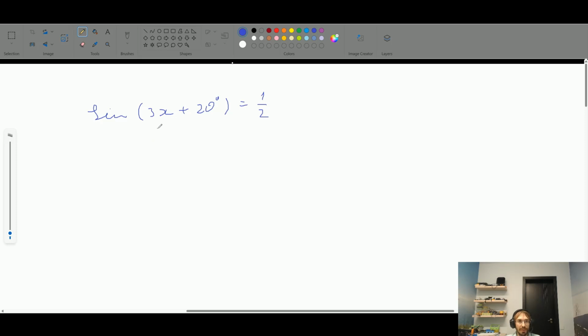What to do here? The simple answer is, do not panic, just replace the angle, 3x plus 20, by y. Then the whole equation becomes easier: sine y equals 1/2.